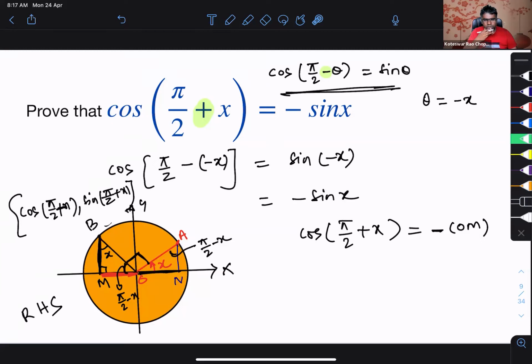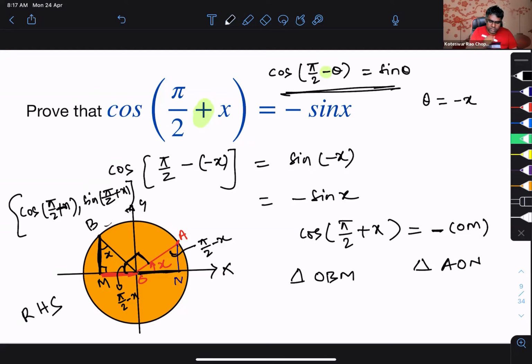How can we say that? We can just use our trig identities, right? So if I look at triangle OBM, and then let me take triangle AON.